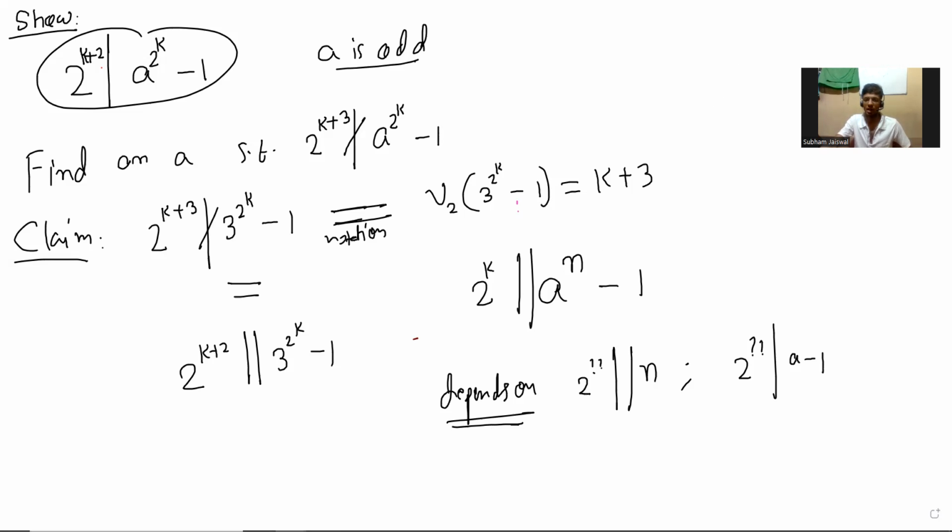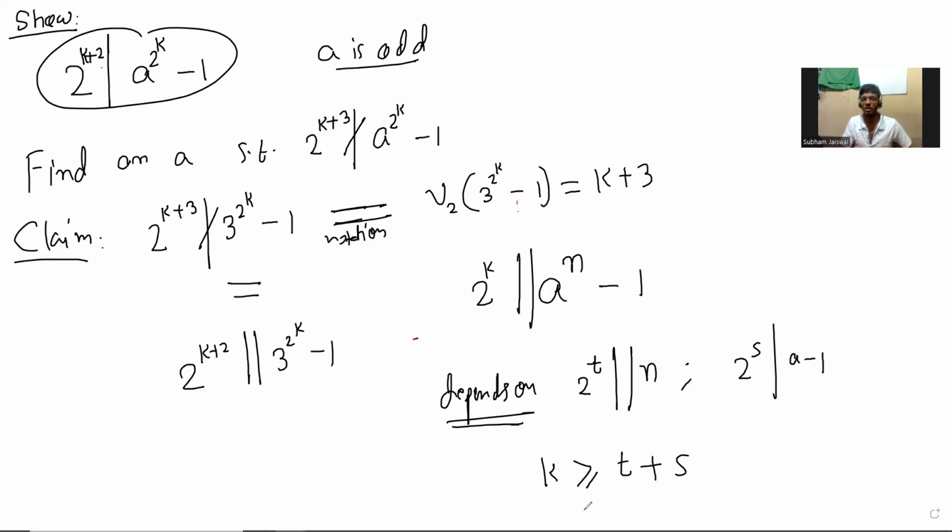So far what we seem to have seen is that this k, if this highest power is t and s, then this k seems to be at least t plus s. You guys agree?